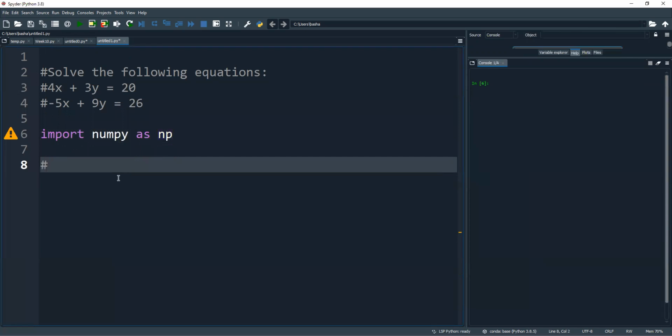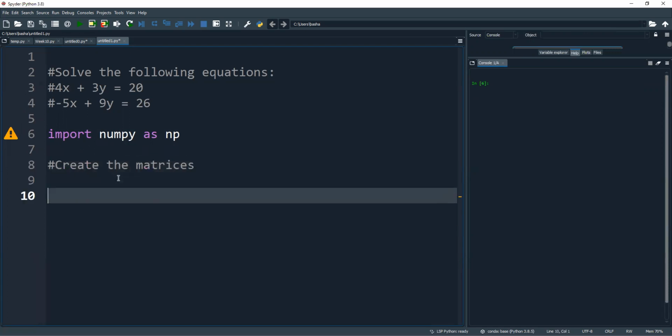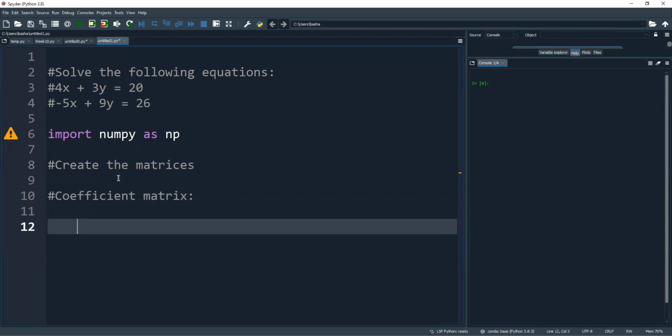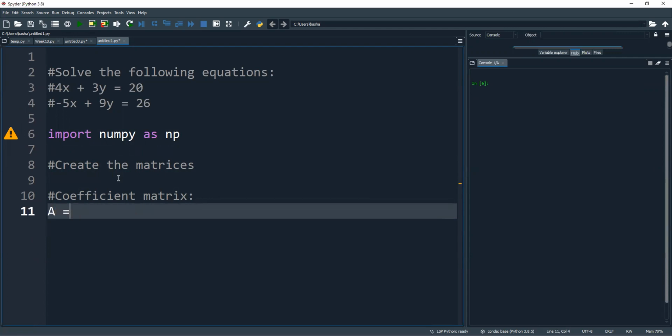First step: I need to create the matrices, and the first one will be the coefficient matrix. I use the terminology A for the coefficient matrix and B for the constant matrix. Feel free to use whatever you want as long as you're doing the math properly.